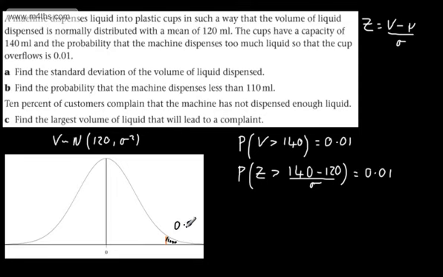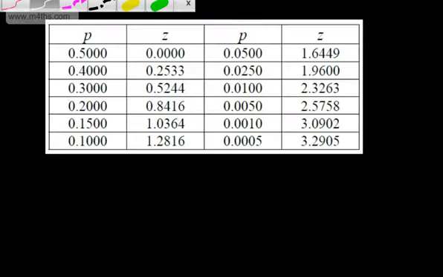Now 0.01 can be found on our percentage points chart. So if we look that up, then we can simply convert this. So let's go and look at that value and then plug it in. We want now 0.01. So 0.01 is just here. So we get 2.3263.